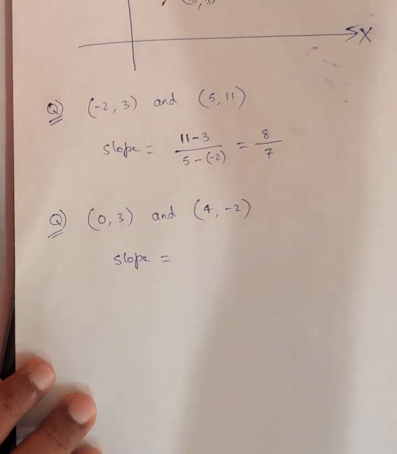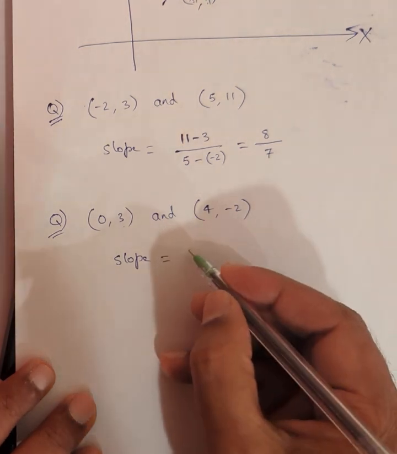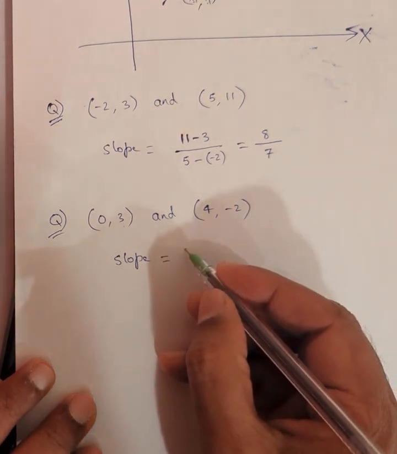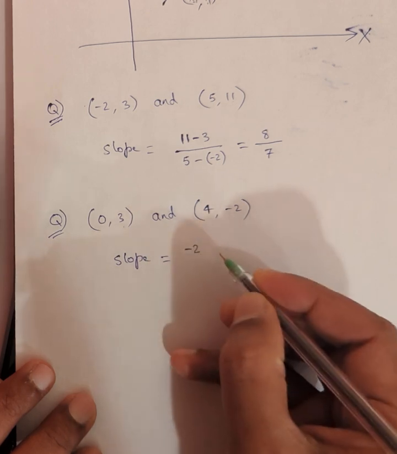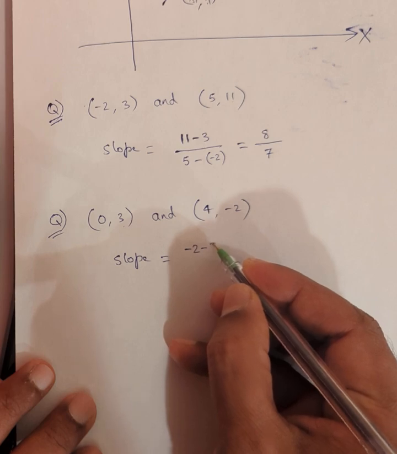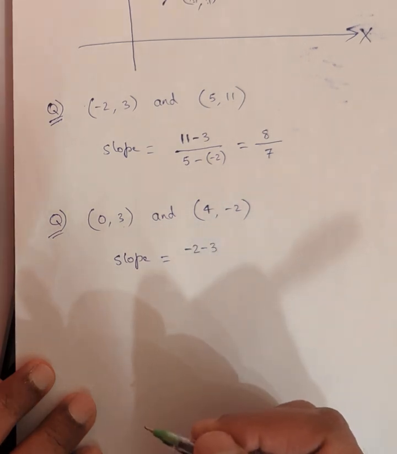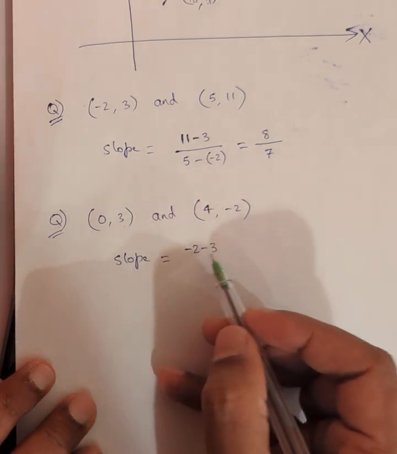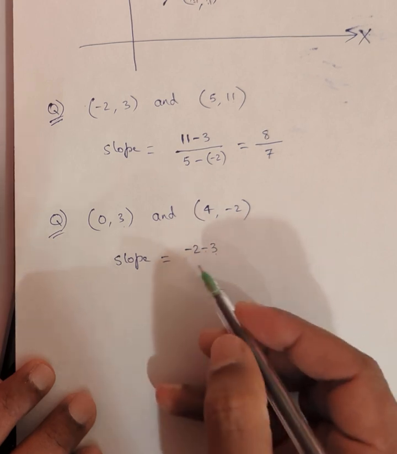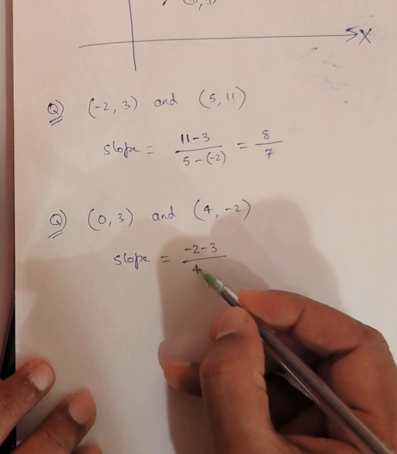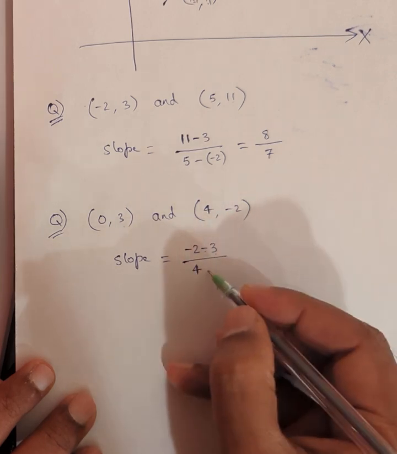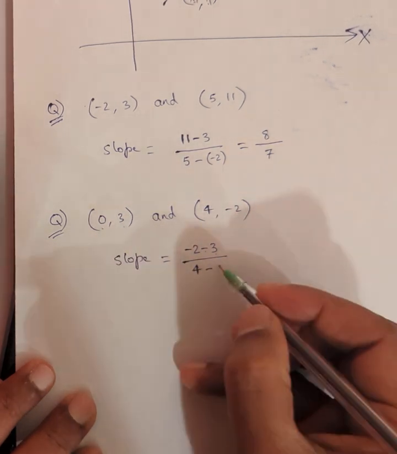So that will be actually a drop. And it would be reflected in the application of the formula. y2 is negative 2 minus y1 is 3. So I'm taking my y2 and subtracting the y1 divided by x2, which is 4, minus x1 is 0.